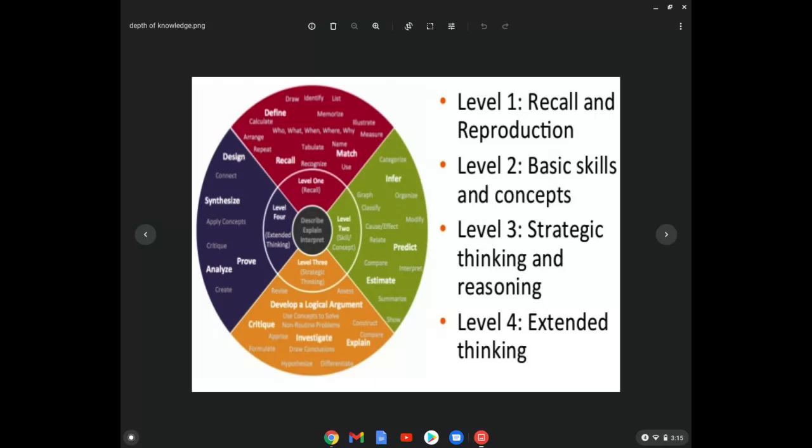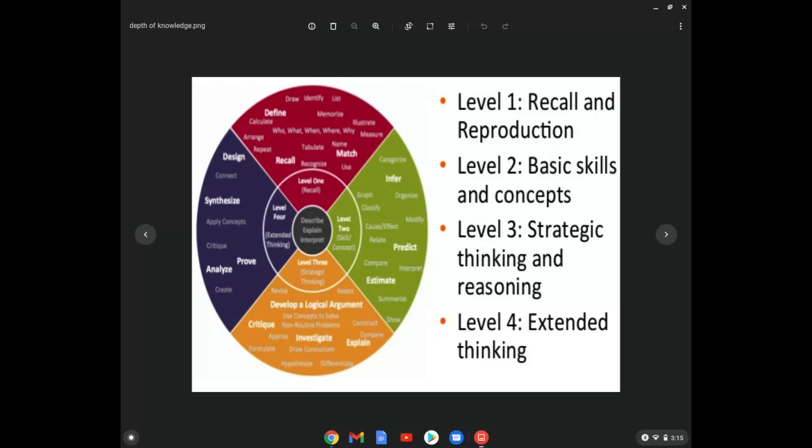But notice these are all action words, right? Match, infer, predict, estimate. They're all action words, and that's what we're going to use in our objectives. Level 3, right? Develop an argument, explain, investigate, critique, hypothesize, differentiate. Again, all action words, but we're stepping up our levels. We call it rigor, right? How rigorous something is. My principal loves that.